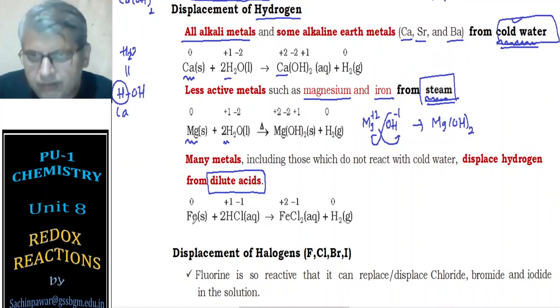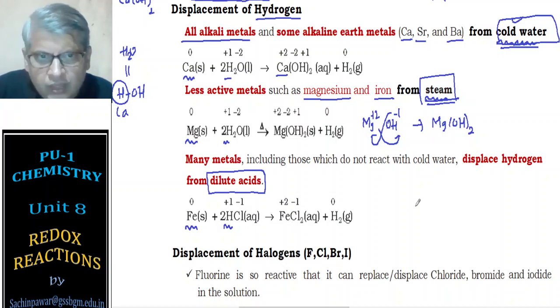Like for example, iron. Here iron, if you put it in the HCl, iron displaces hydrogen from hydrochloric acid, HCl, and you see it forming FeCl2.